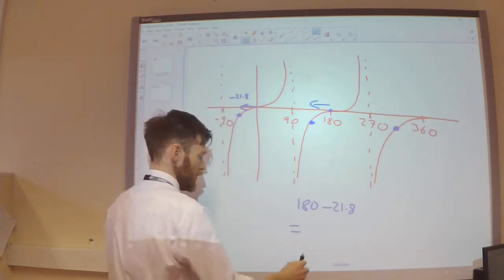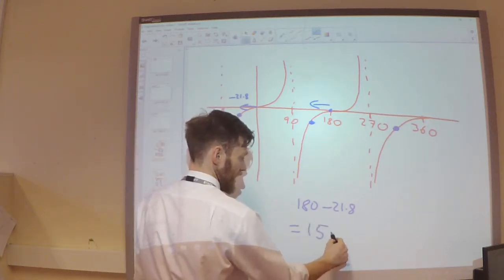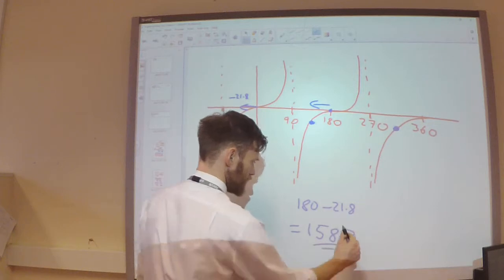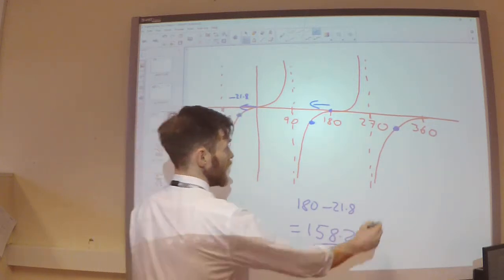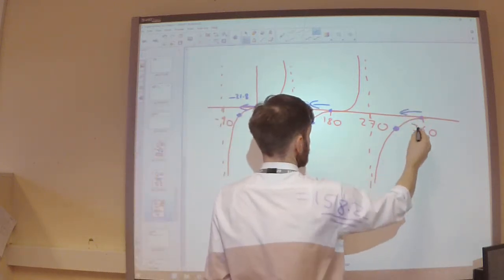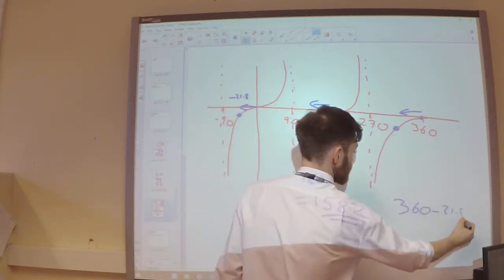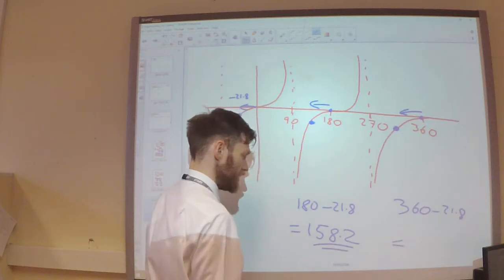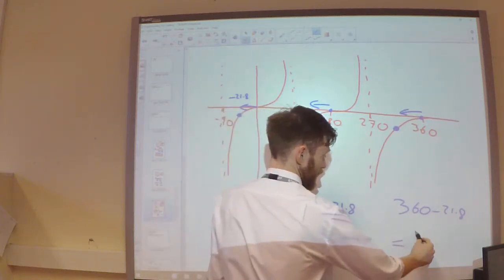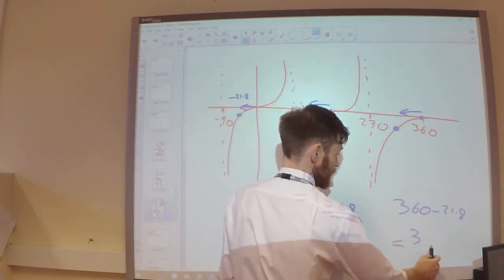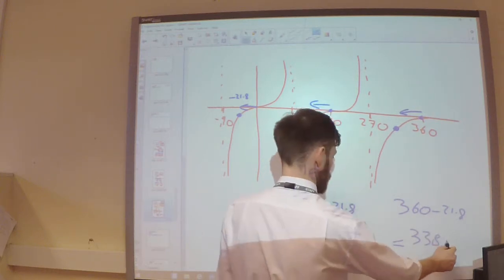So that's going to give me 158.2, I think. And to get this solution here, again, I'm going to need to take away 21.8 from 360, and that's going to give me 338.2.